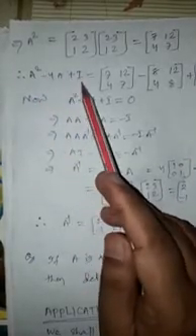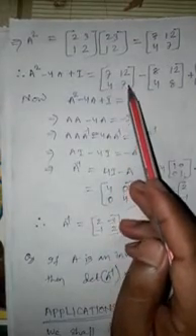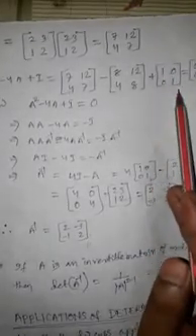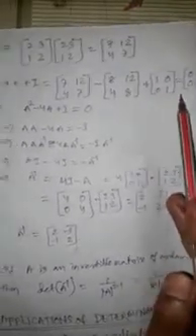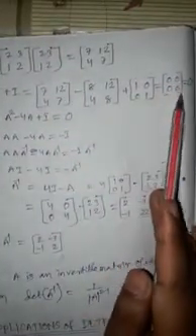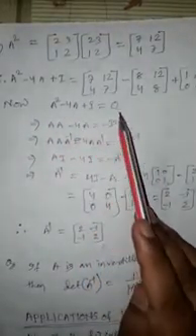Now, A square minus 4A plus identity is equal to [7, 12; 4, 7] minus 4A plus identity 1, 0, 0, 1, because it is a 2 cross 2 matrix. Now after adding and subtracting, the value comes 0, 0, 0, 0, which is equal to the zero matrix. That means now you got A square minus 4A plus I is equal to the zero matrix.